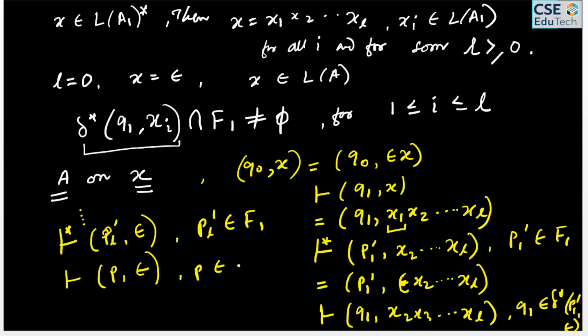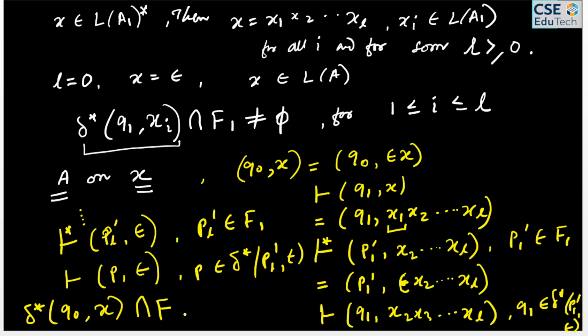P belongs to delta star of pl dash comma epsilon, and the string is exhausted, so the state is p only. So what we conclude from this is that starting from q naught, after processing the string, the intersection is not empty, and hence x belongs to L of A, the language accepted by A.